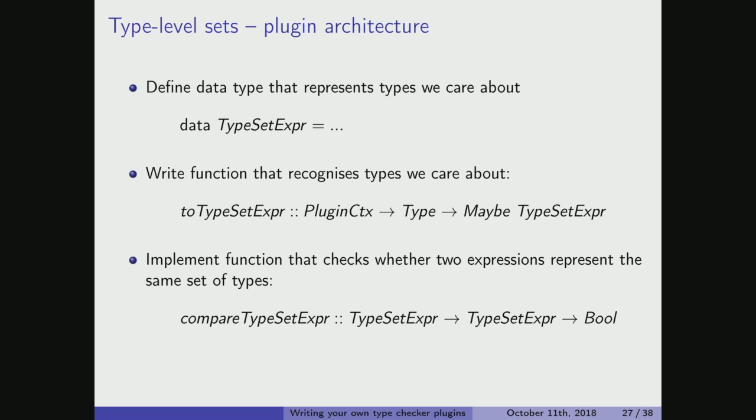So we translate it to something that we can manage better. We first have to define what we care about, and then some translation from the type into maybe this expression that we care about, and give back a Nothing if we don't care about it.